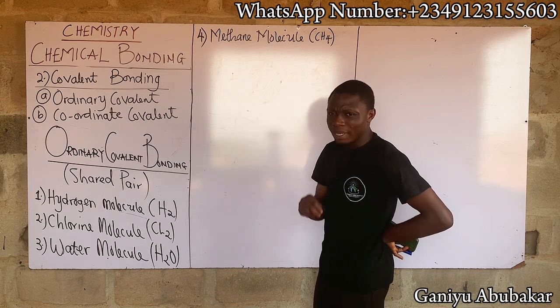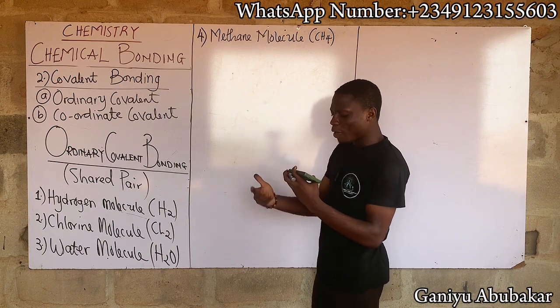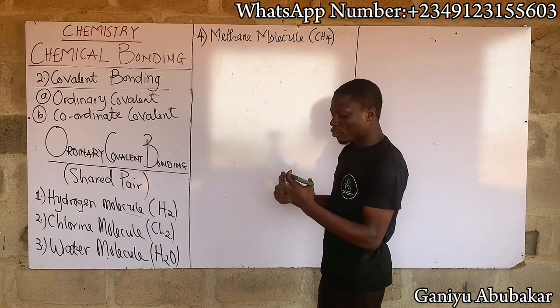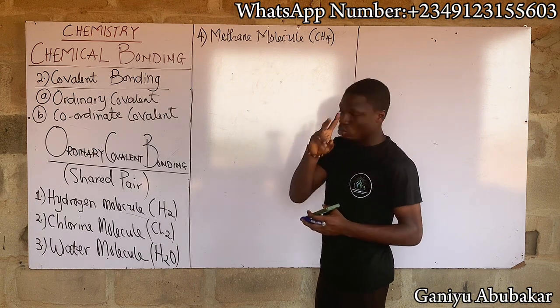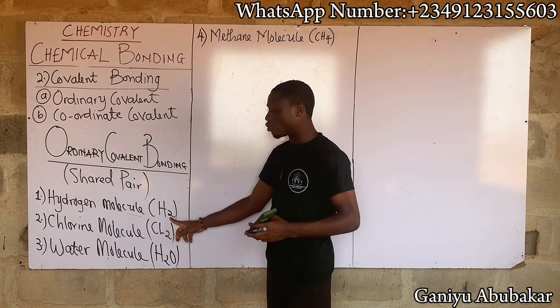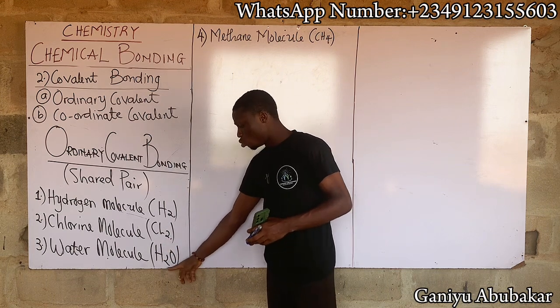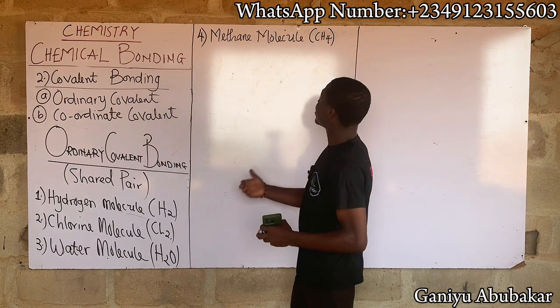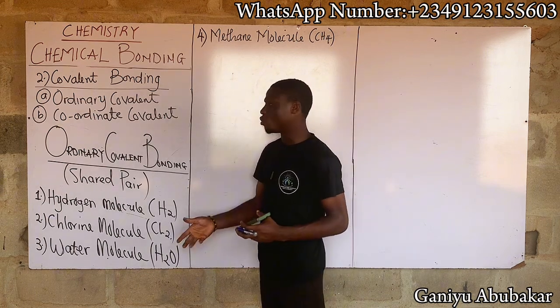For every diatomic molecule, the bonding is called equivalent bonding. That is, when it comes to diatomic molecules, observe that this is H2, this is diatomic, Cl2 diatomic, H2 diatomic. So every diatomic molecule refers to what?